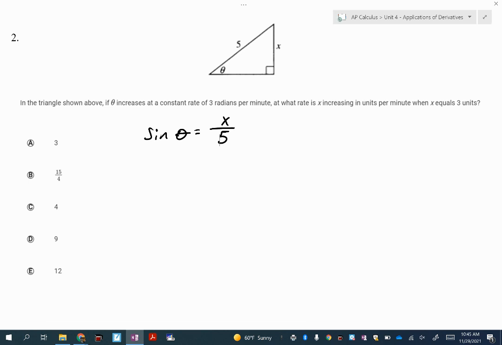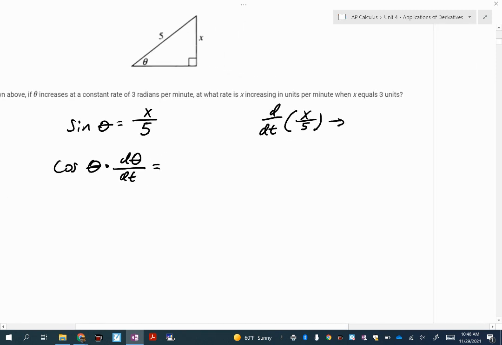The derivative of sine is cosine. Okay, so I know I need to do that. And then we have times d theta over dt, because that's the rate at which theta is changing, equals, now if you think of differentiating, I'll do it over here, d/dt of x over 5, the way that I would do that really is differentiating 1/5 times x.